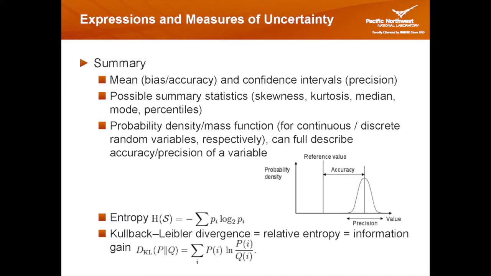And the best way that you don't lose any information is the probability density and mass function. The density function is for continuous random variables. The mass function is for discrete random variables. Yet people can develop some other quantities from information theory, including the entropy.